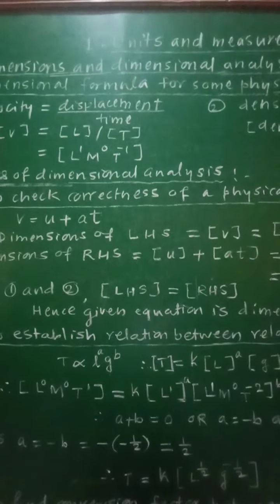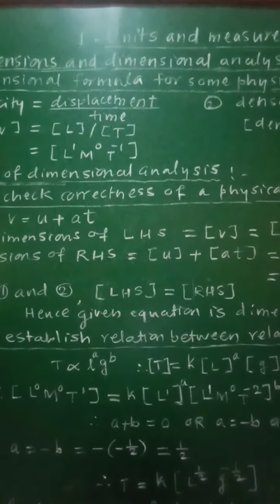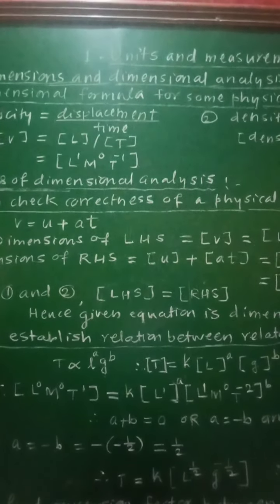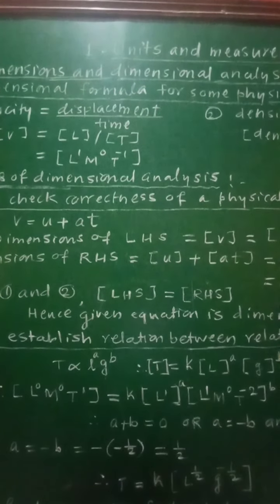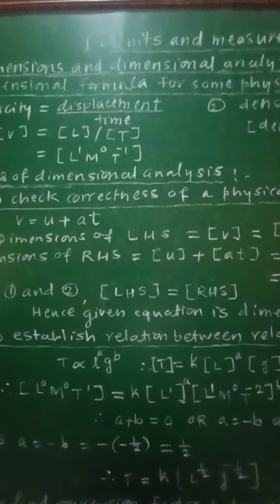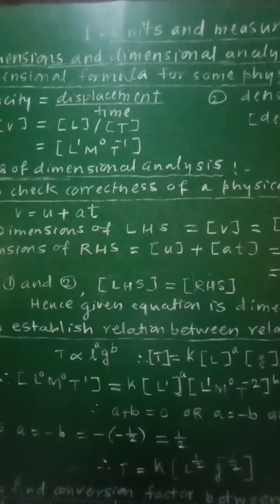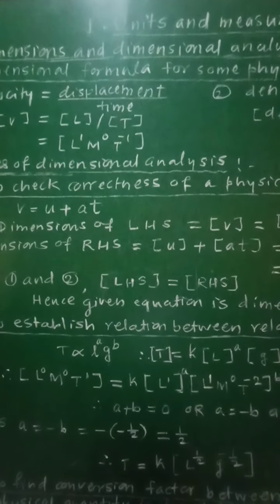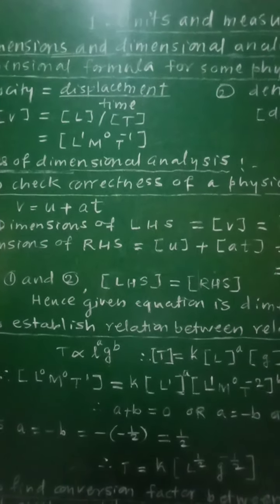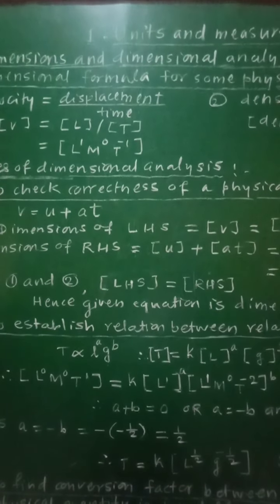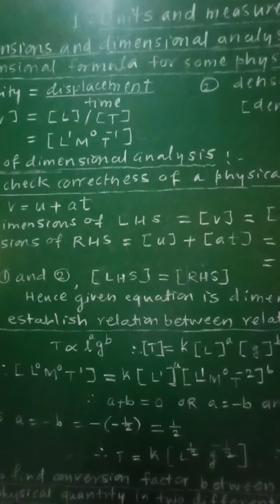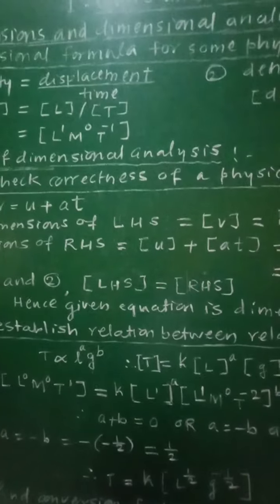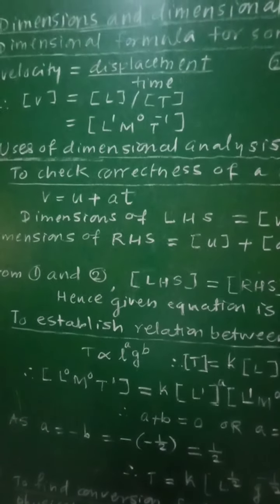The dimensions of the physical quantities are always written in square brackets with the symbols of the fundamental physical quantities, and there will be no commas written between any two symbols. So no commas will be written, simply the symbols of the fundamental quantities with their proper indices will be written.